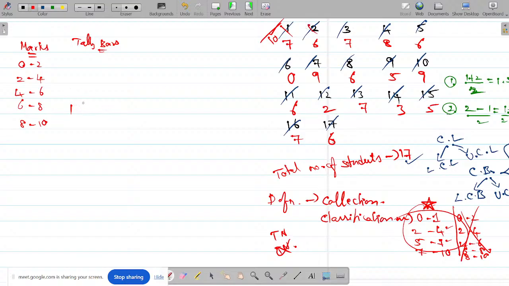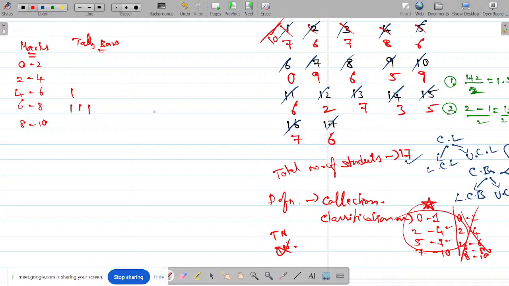Shall I take 4 to 6 this time? There's no hard and fast rule, so let me go for 4 to 6. Next is 7. Next is 8. I'll take this one, because if I take the first one for 6, I have to take the first one for the same. For 6, I'm taking this class interval, so for 8, I have to take this class interval. This is how I'm evenly sharing.